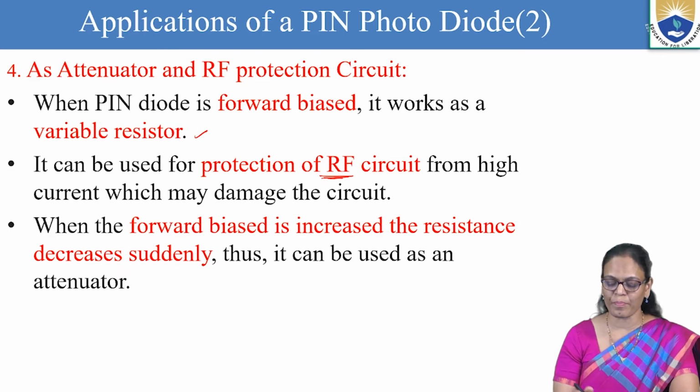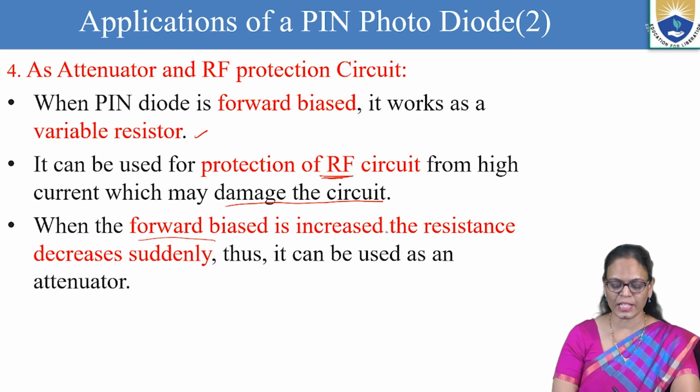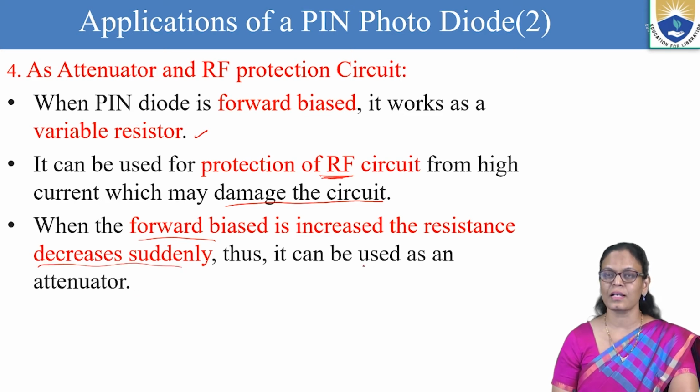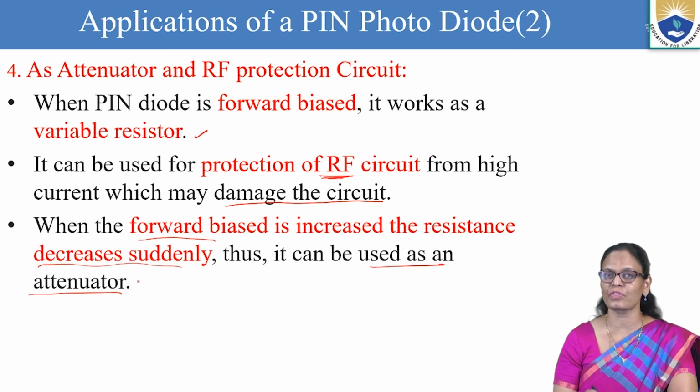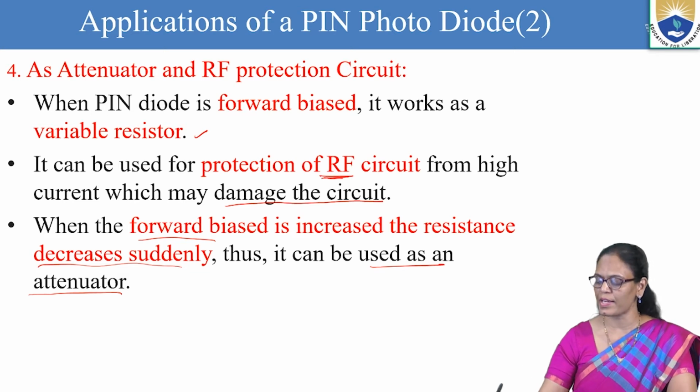So we can protect the circuit without it getting damaged. When the forward bias is increased, the resistance decreases suddenly. Thus it can be used as an attenuator. In attenuation, when we increase the forward bias, the resistance decreases suddenly and it behaves as an attenuator.